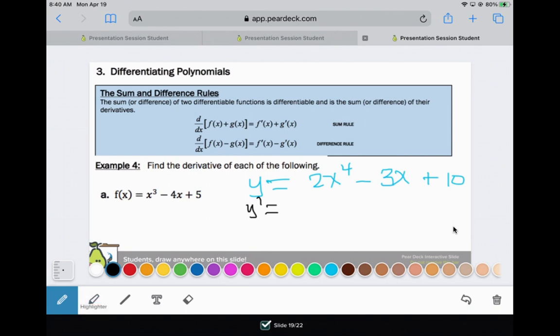So y prime, right? I'm taking the derivative. So let's highlight. I'm going to start with this one. So I'm going to do it one by one. So for this one, to take the derivative, I'm taking the power, which is 4. Bring it down, and then 4 minus 1. So I always minus 1.